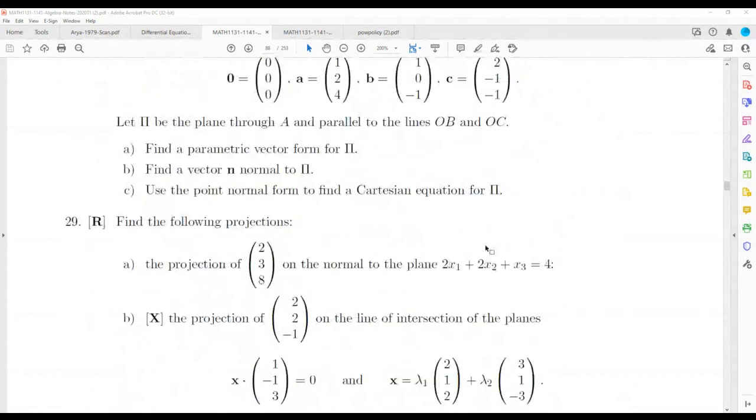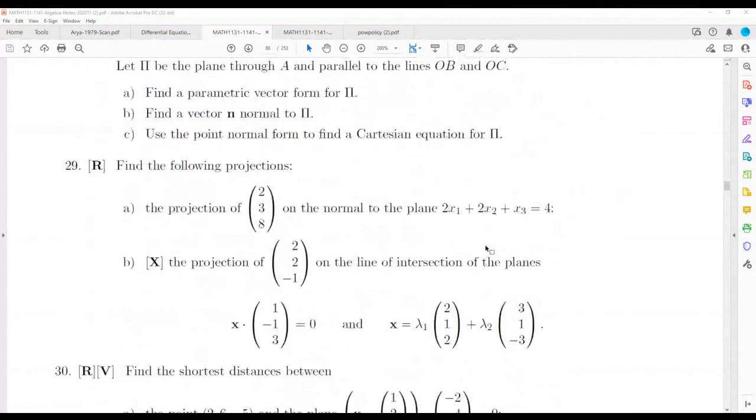Okay. So you're saying in the test they gave Cartesian form and one vector and wanted you to find a point and another vector. A point on the thing. Okay, I think we can work with that.